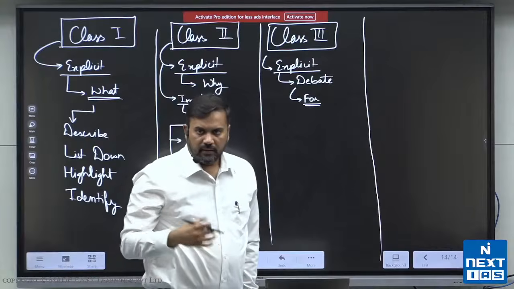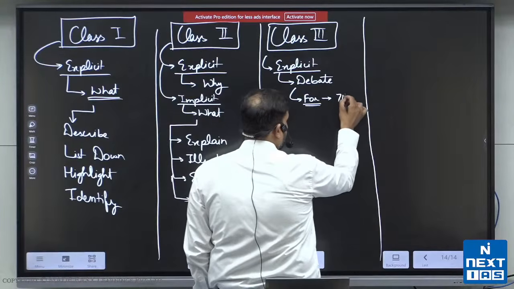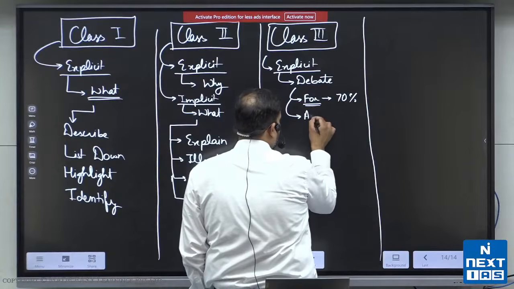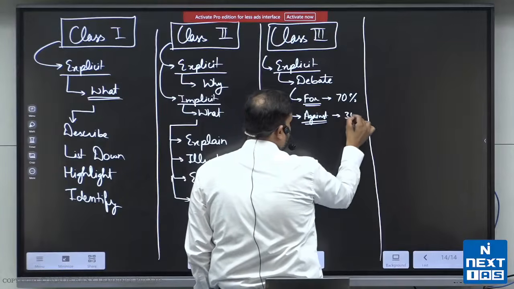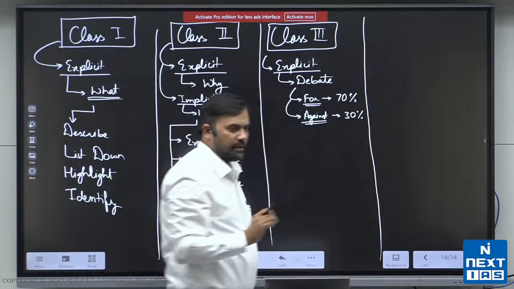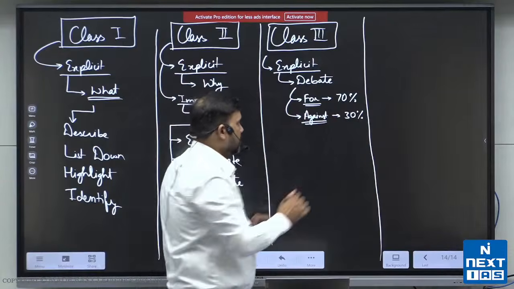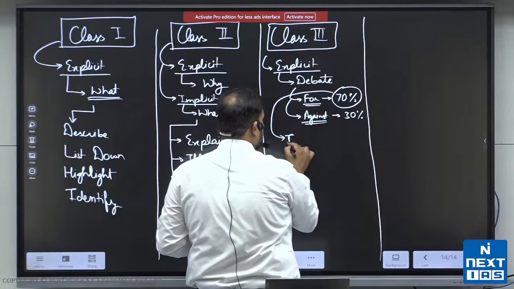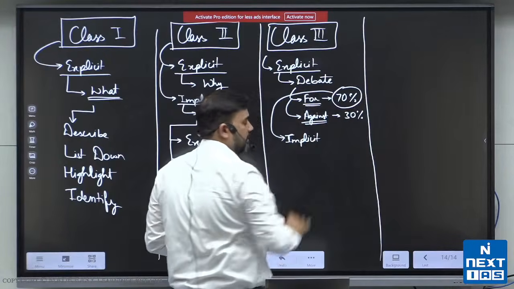ठीक है? So generally ratio क्या होना चाहिए? I always maintain 70% and 30% ratio. ठीक है? और you try to understand this point here. जो ये 70% है, it also includes the implicit which is not written there.